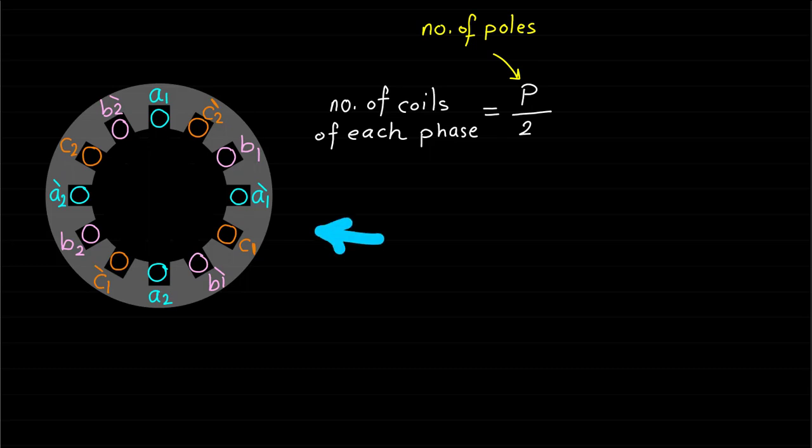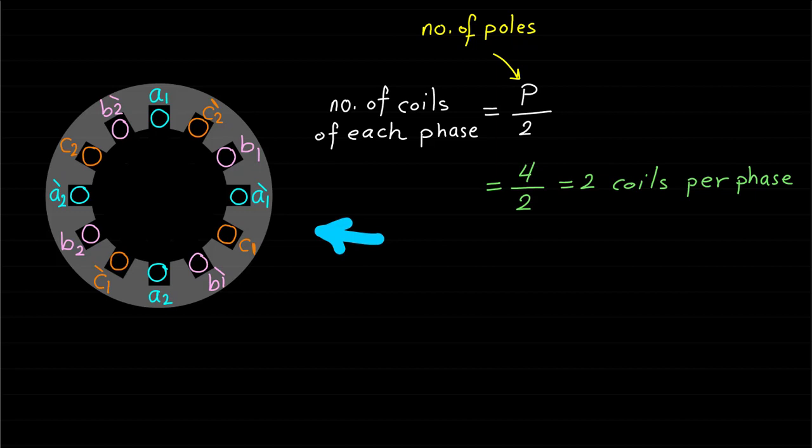So in the case of a four-pole stator, the number of coils of each phase is equal to 4 divided by 2. Therefore, a four-pole stator has 2 coils per phase.